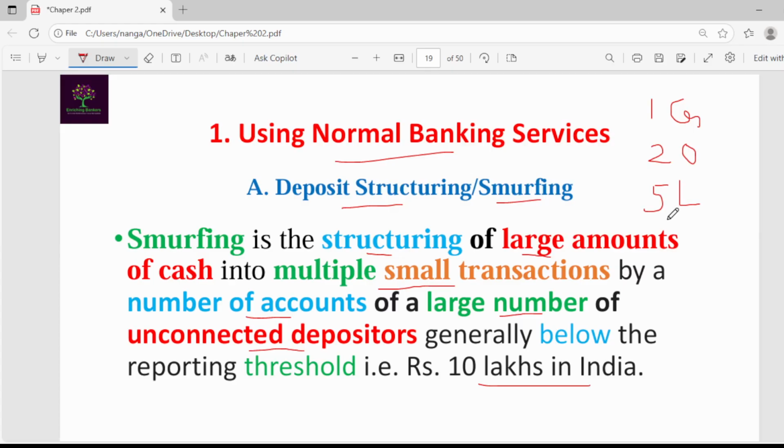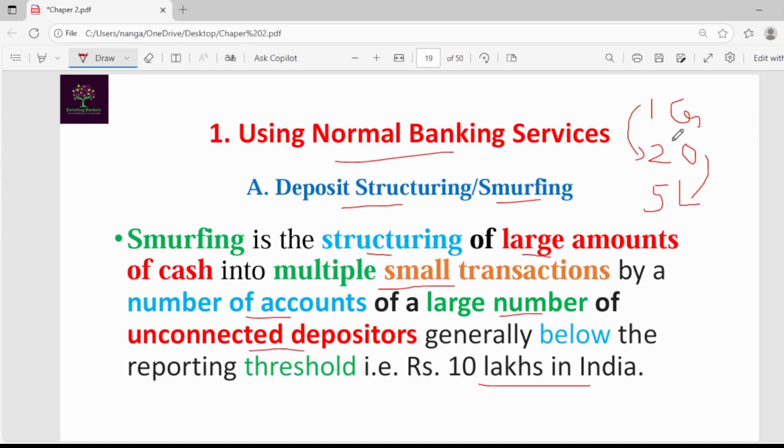So 5 lakhs is deposited into 20 unconnected persons' accounts. That is a structure: 5 lakh into 20 persons. Total 1 crore is deposited into 20 persons.